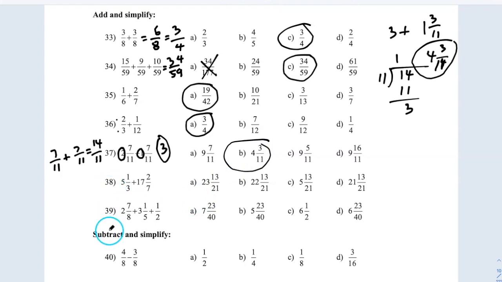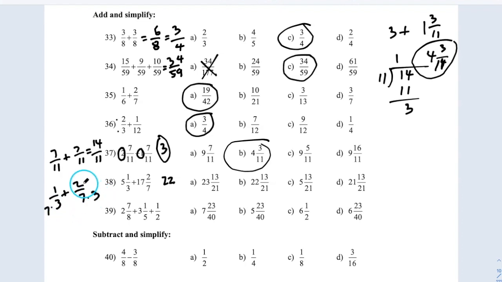Same with 38 and 39, right? Now in 38, I have to get the same denominator. I know it's going to be 5 and 17, which is going to give me 22. Now let's do 1/3 plus 2/7. Meaning this times 7, this one times 3.